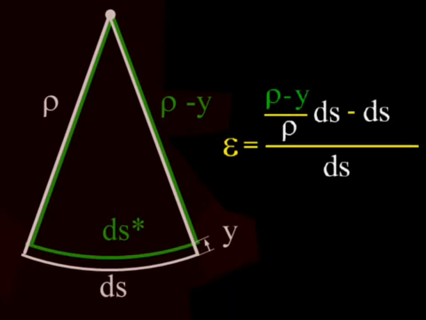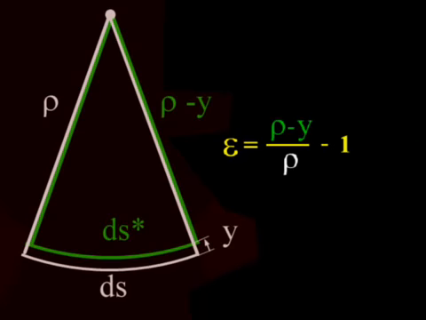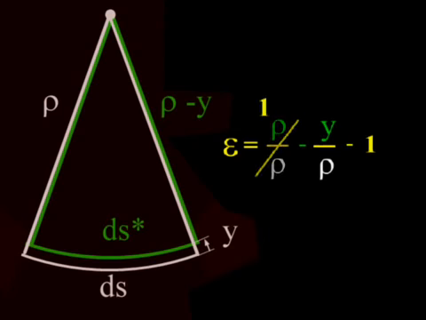Divide through by ds, simplify, expand the first term on the right side into two fractions, simplify again, cancel the two ones with each other, and we are left with epsilon equals minus y over ρ.